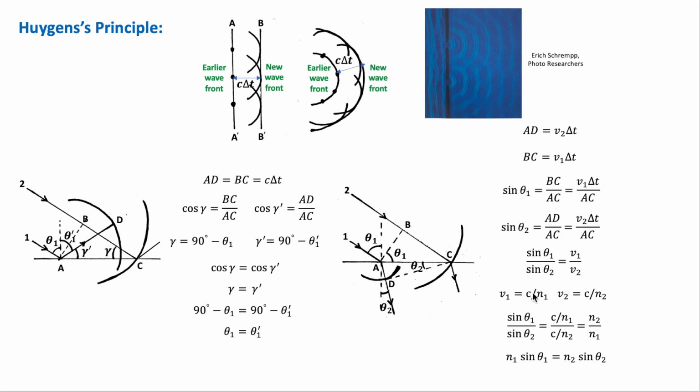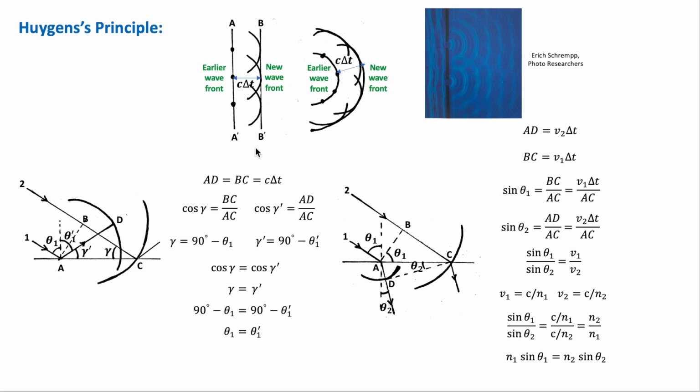So according to Huygens' principle, the new position of the wavefront is the surface that is tangent to the wavelets. The surface that is tangent is B B dash, and it is parallel to A A dash.